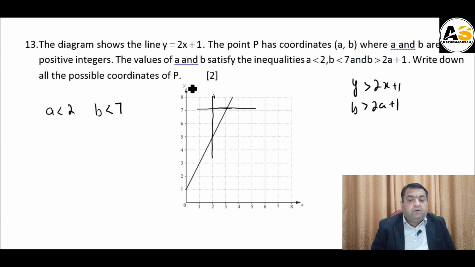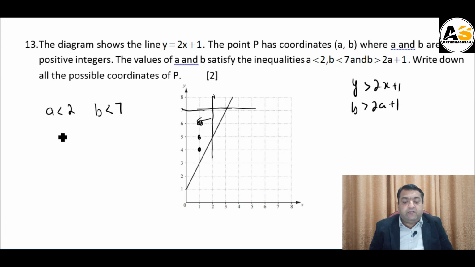We have to write down all the possible values of A. A is less than 2, B is less than 7, and B is greater than 2A plus 1, above this line. So can you find out any point? The point will be on this side, below this and above this. There are 3 points, 1, 2 and 3.